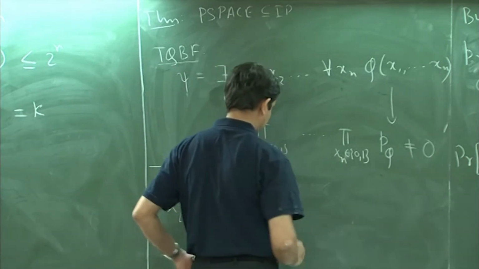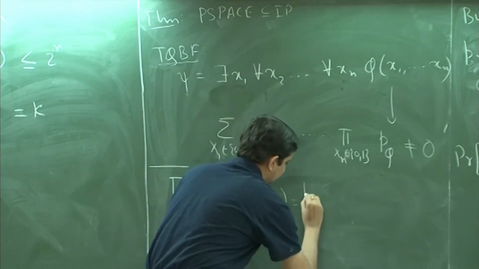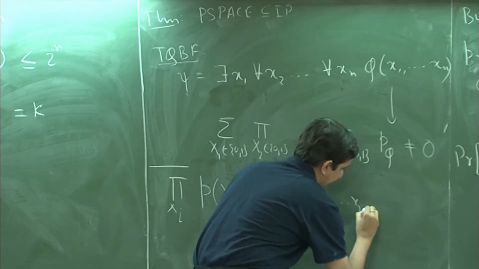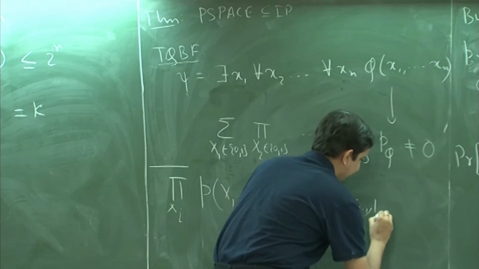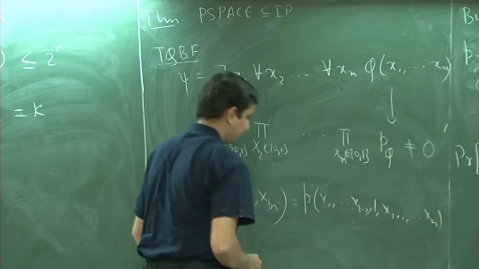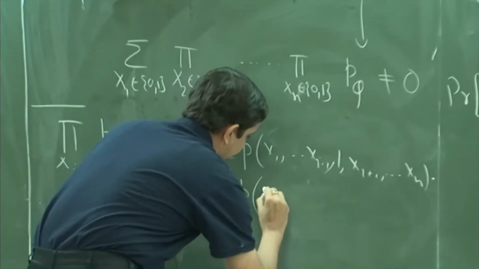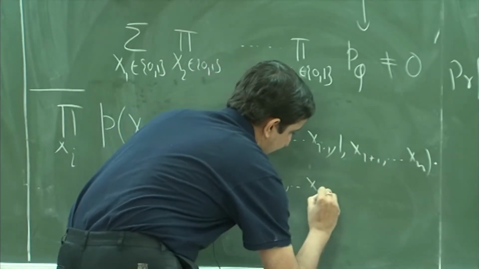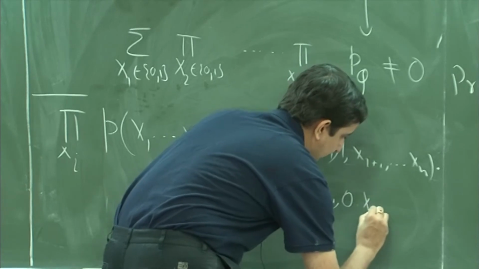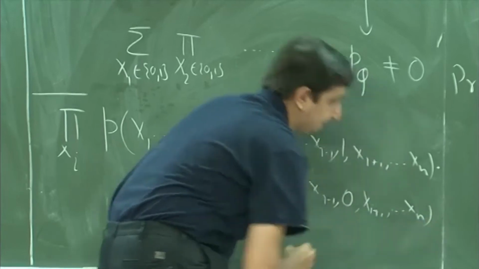So, this is equal to p of x1 through xi minus 1, 1, xi plus 1 to xn, times p of x1 through xi minus 1, 0, xi plus 1 through xn.